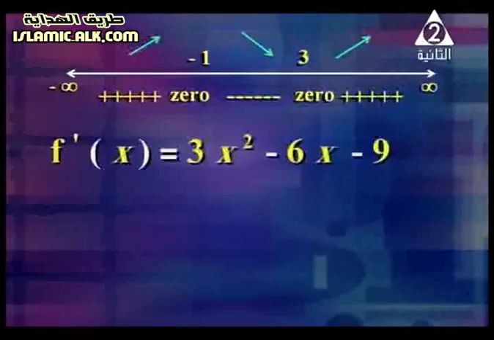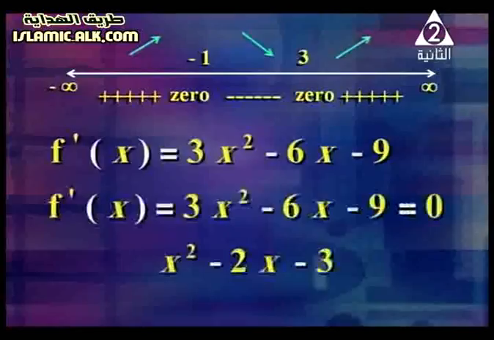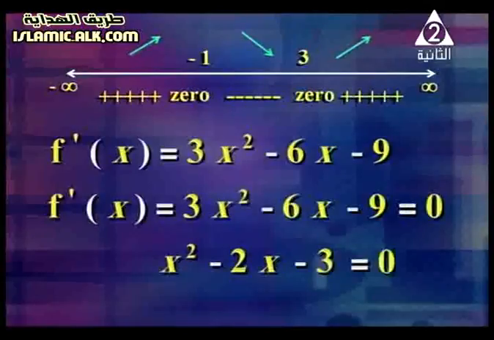After that, we know that we have common factor 3. We take the highest common factor 3, then f dash x becomes x power 2 minus 2x minus 3.